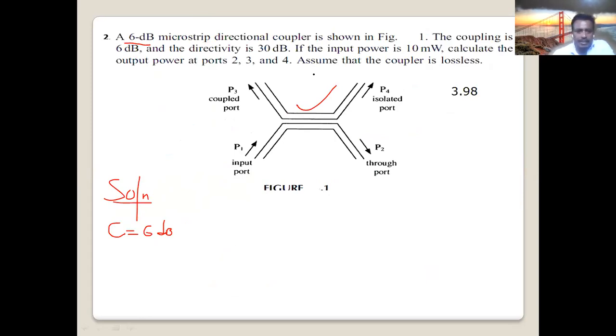How much is the directivity? Directivity D is 30 dB now. So C is 6, D is 30. And again here, the input power P1 is 10 milliwatt.